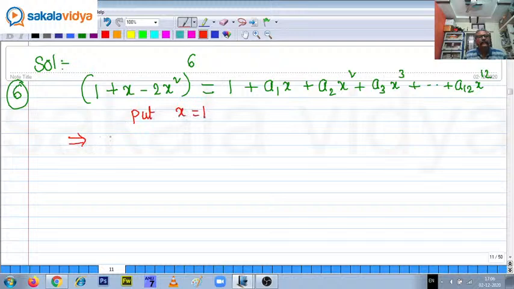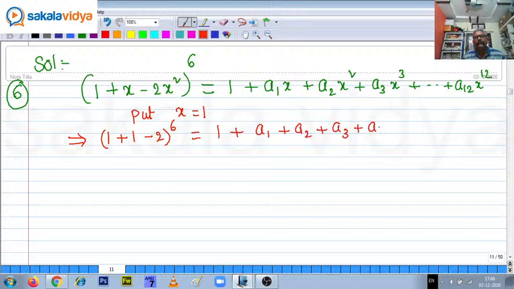So we get (1 + 1 − 2)⁶ equal to 1 + a1·1 + a2·1² + a3, a4, a5, a6 and so on up to a12.